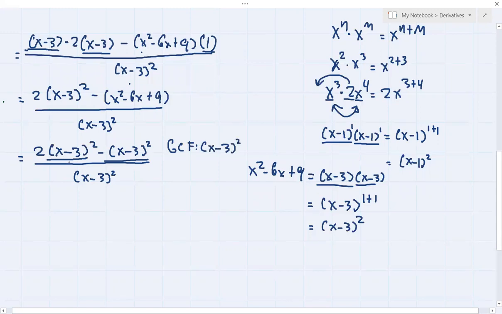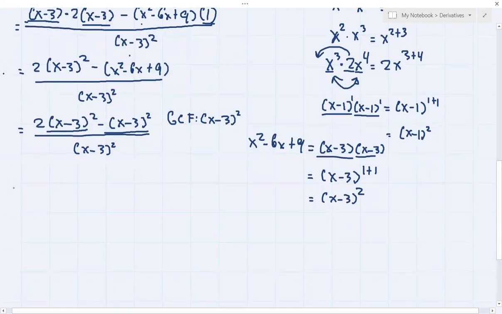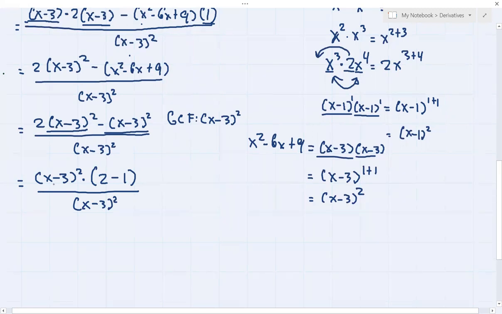Kumbaga, yun yung common factor meron dyan. So, i-factor out natin siya. So, we will have the square of x minus 3 times quantity 2 minus 1 all over the square of x minus 3. And as you can see, meron tayong square of x minus 3 on the top and on the bottom. So we can cancel this out.